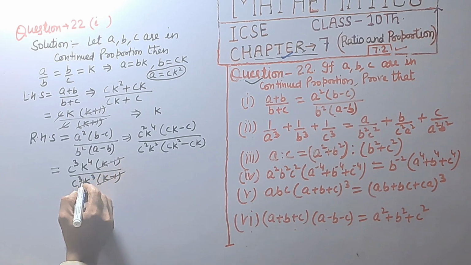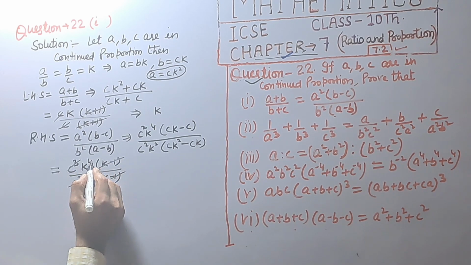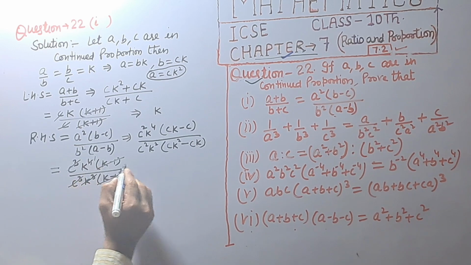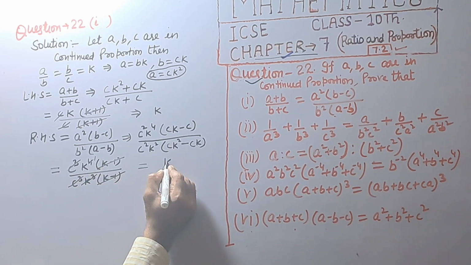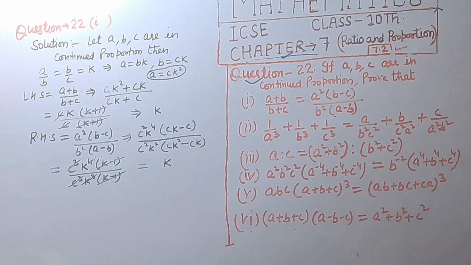This is cancelled and C cube is cancelled, 3 power is cancelled, and we get only K.